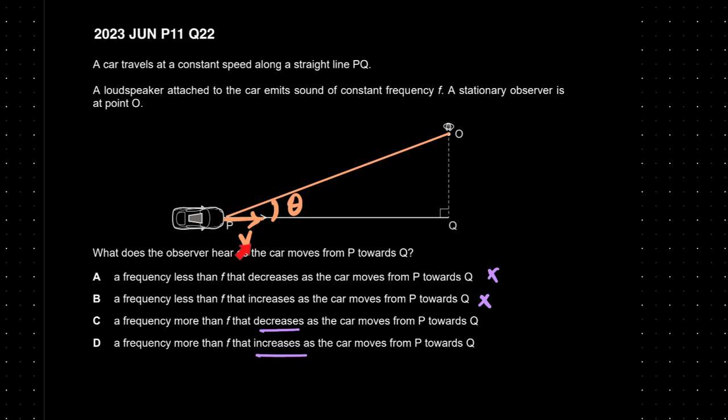If this is the speed of the car, what is the component with which it moves towards O?